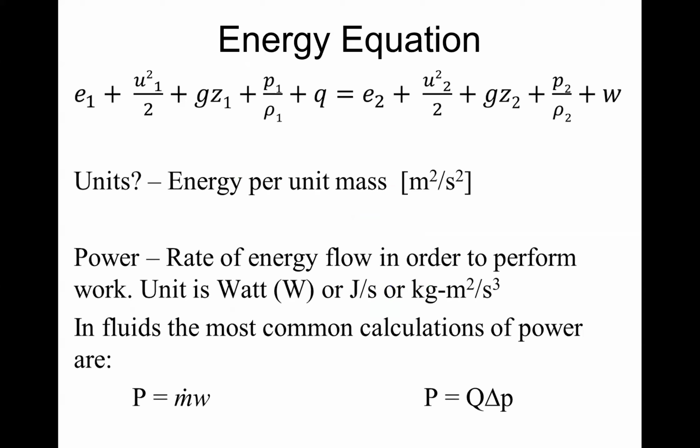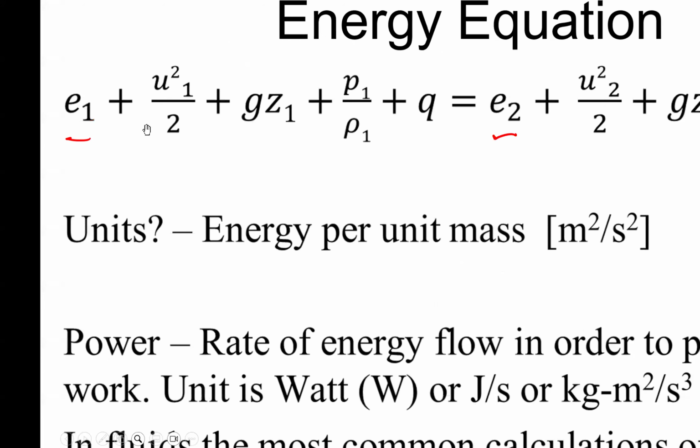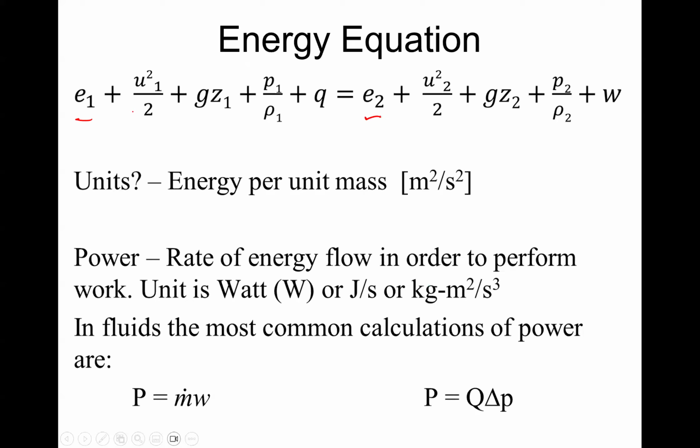Now, when you put these together and try to write an equation between point 1 along a streamline and point 2, and figure out how energy was conserved between points 1 and 2, you have an equation like this, where you have the internal energy of the system, a kinetic term, u1 squared over 2 and u2 squared over 2, a potential term, and a pressure-related energy component.